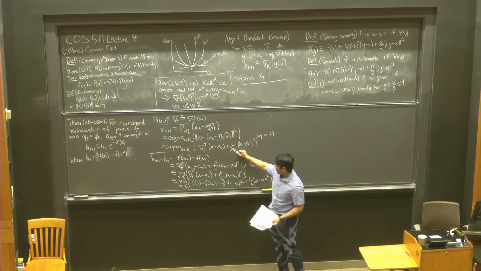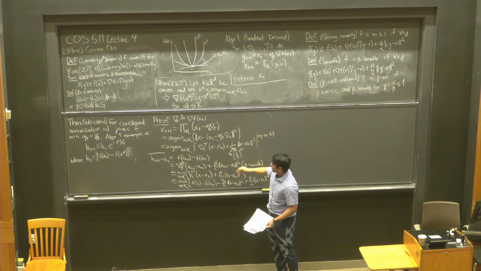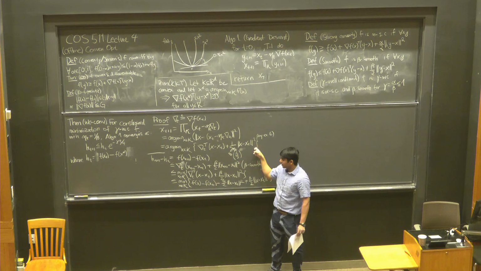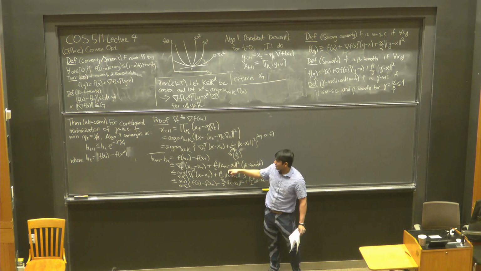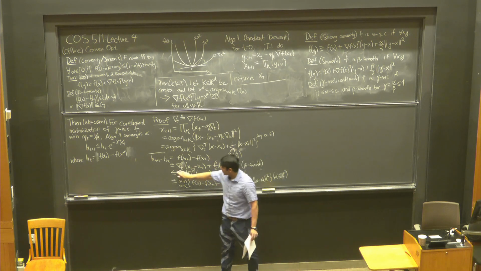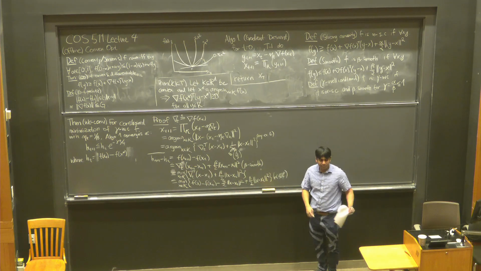Maybe let me write that out. So this is saying x_{t+1} is the minimizer of this expression. We have this expression right here, and so therefore, this expression must be minimized by x_{t+1}. So it is the minimum. So I guess I should write this equality here. Cool.